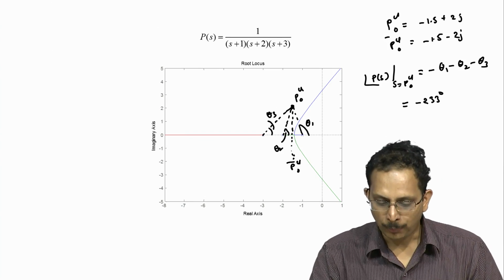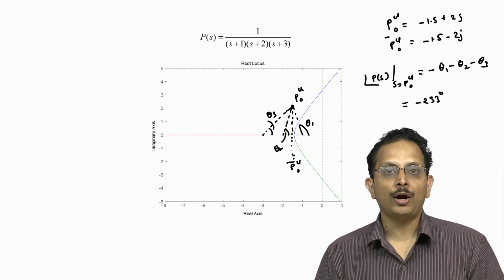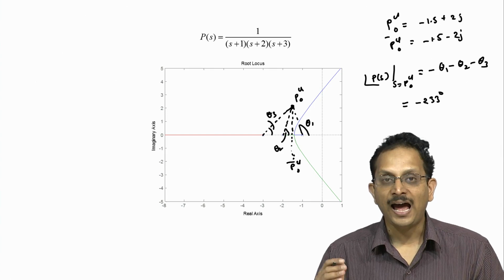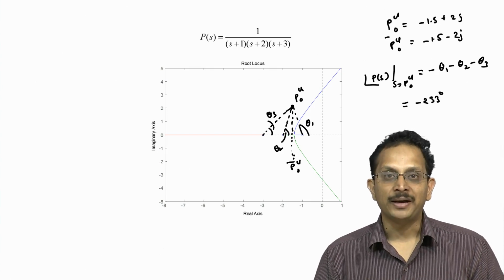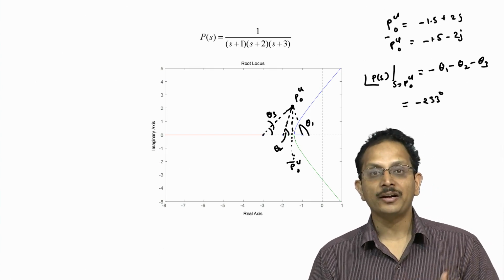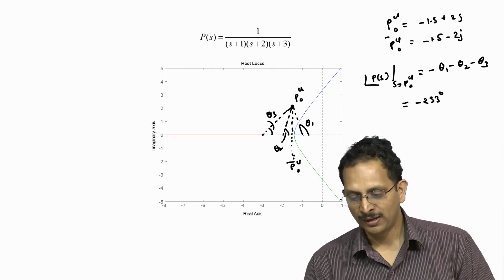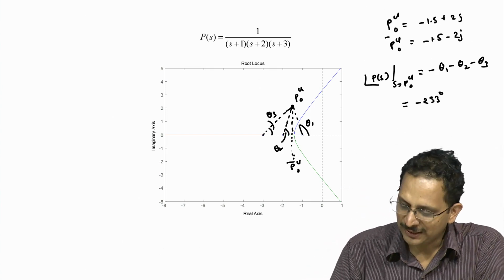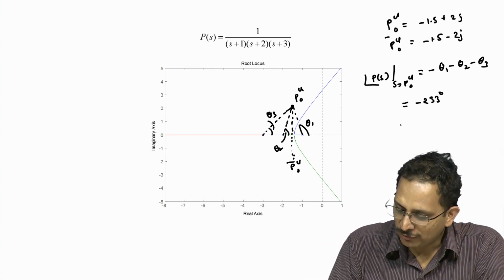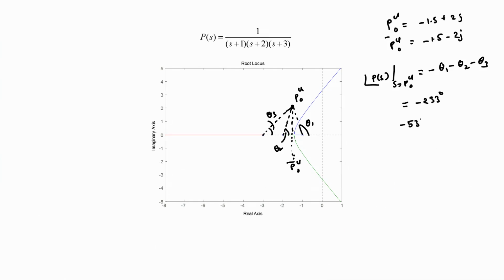Now, for the point PCL naught to be a point on the root locus, the angle has to actually be minus 180 degrees or its cyclic equivalents. Therefore, what you see is that there is a deficit of minus 53 degrees, which is essentially equal to minus 233 degrees plus 180 degrees.